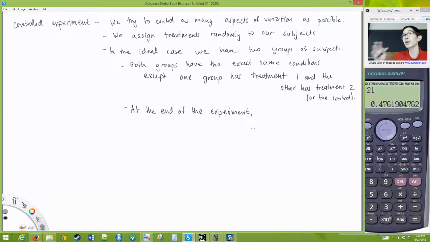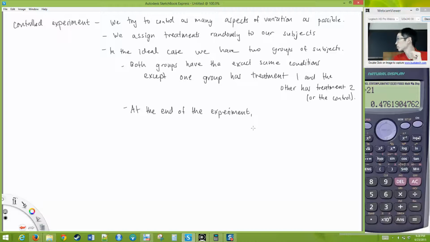Because everything else about the groups was the same, right? So both groups had the exact same conditions, and the only difference between this group and this group was that this group had the treatment and this group had the control. And so if there's any difference at the end of the experiment, we can say it was because this group had treatment and this group had control, because everything else was the same.